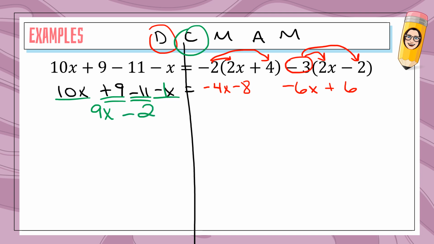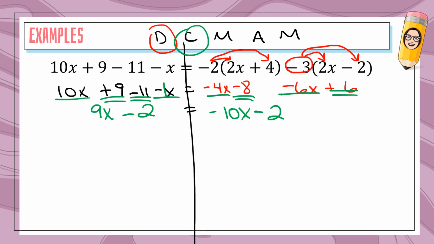That's -2. Okay, let's look at the right side. A -4x and a -6x. Just put them together, -10x. Okay. I have a -8 and a +6. -2. Okay, not special. When you are combining, that's the easiest part because we're going back so many grades to just say put things together.